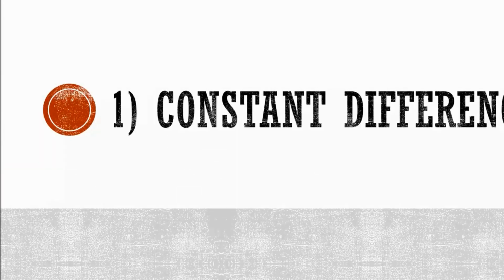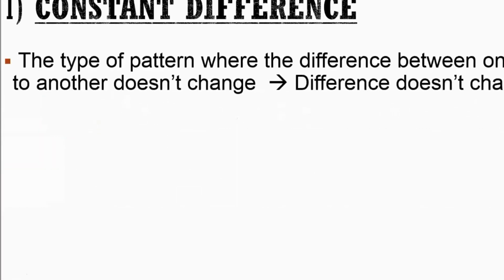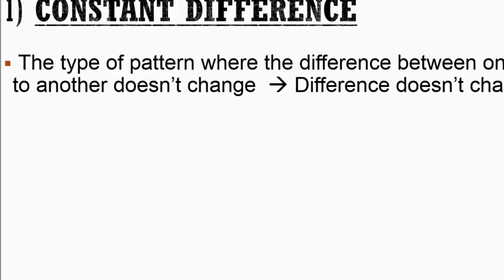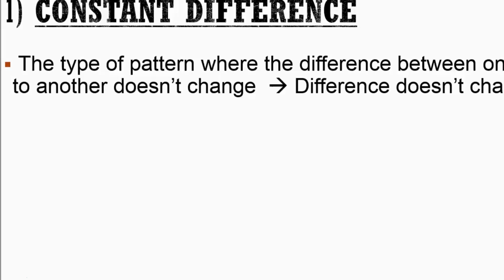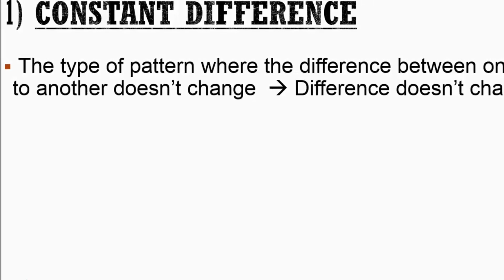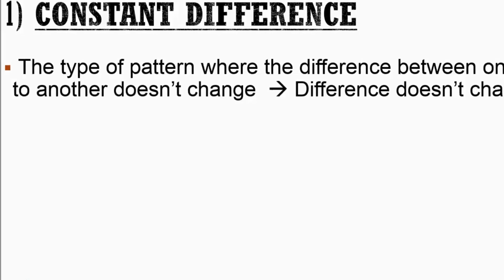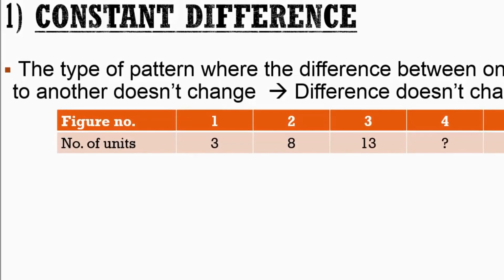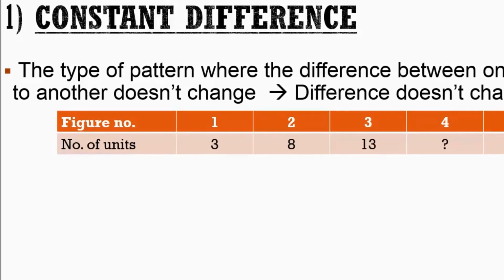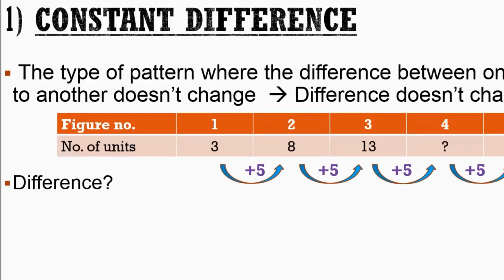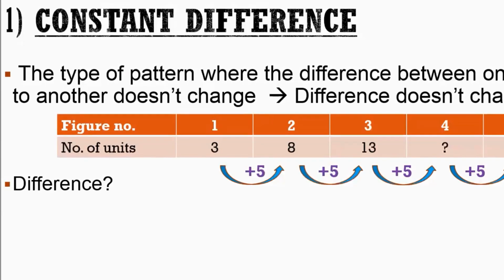Now on constant difference. Constant difference patterns are the type of pattern whereby the difference between one figure to another doesn't change. So basically it just means the difference between each other doesn't change. For example, like this. What is the difference between figure 1 to figure 2? It's plus 5, right?